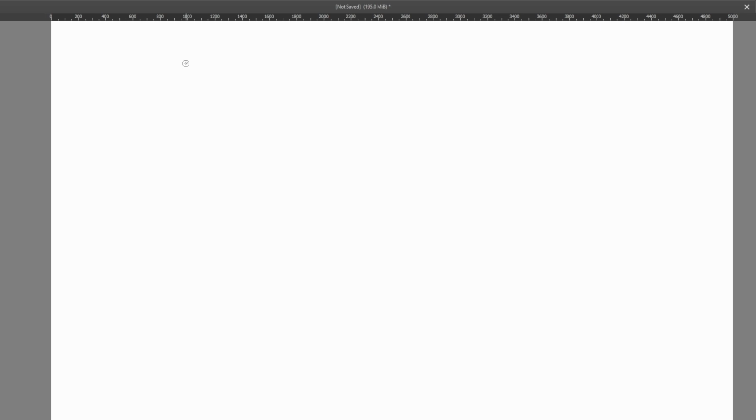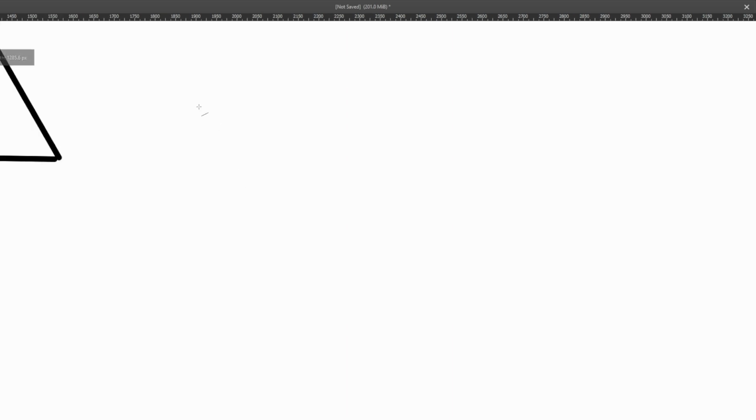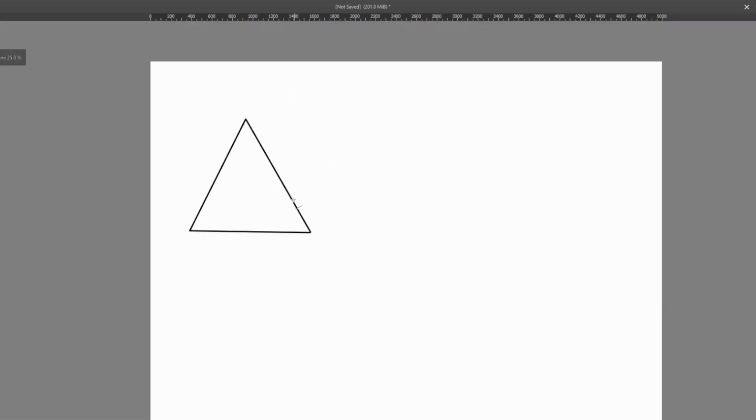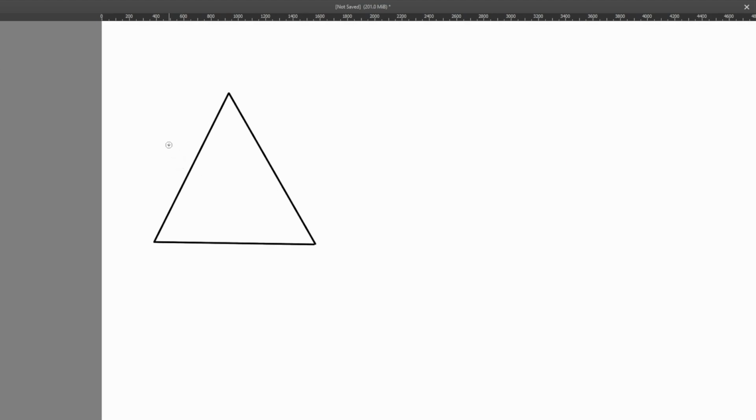Alright everybody, now let us tackle the case where we know three sides of the triangle but no angles. For example, let's have the case where this side length is 3, this side length is 4, and this side length is, say, 5.5. Now, in order to solve for these angles, we need to use the law of cosines.